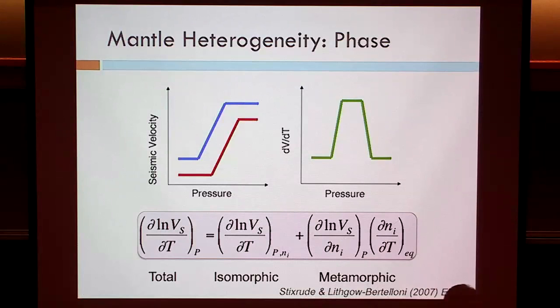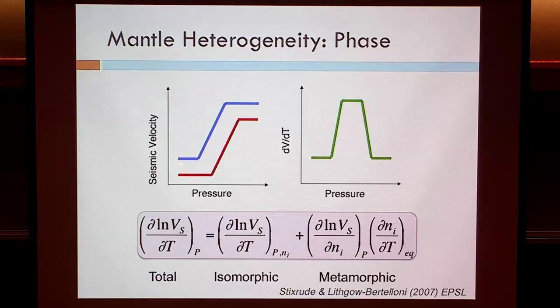This is the effect of phase transitions on mantle heterogeneity. Okay? So at a given depth, you move from side to side, the temperature changes, and the relative amounts of phases change. And so that will be a contribution to the mantle heterogeneity that you see in a tomogram. This is an illustration of that. At cold temperatures, you're going from, say, olivine to wadsleyite as a function of pressure.